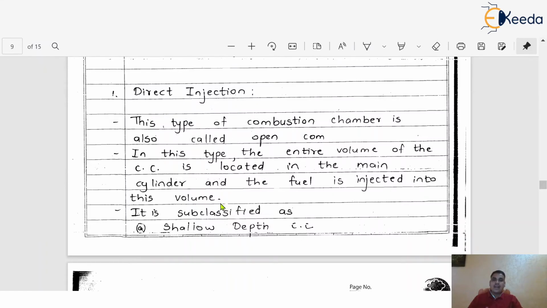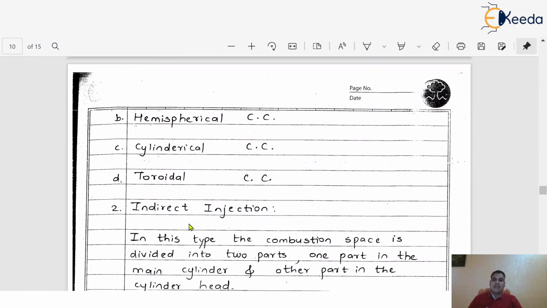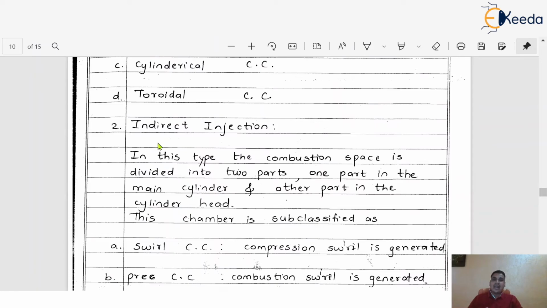After direct injection, the second type is indirect injection. So what is the meaning of the indirect type of combustion chamber? In this type of combustion chamber, the combustion space is divided into two parts, one part in the main cylinder and the other part in the cylinder head.